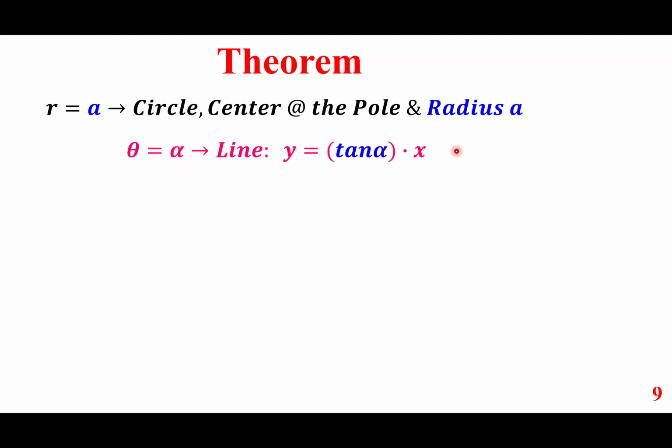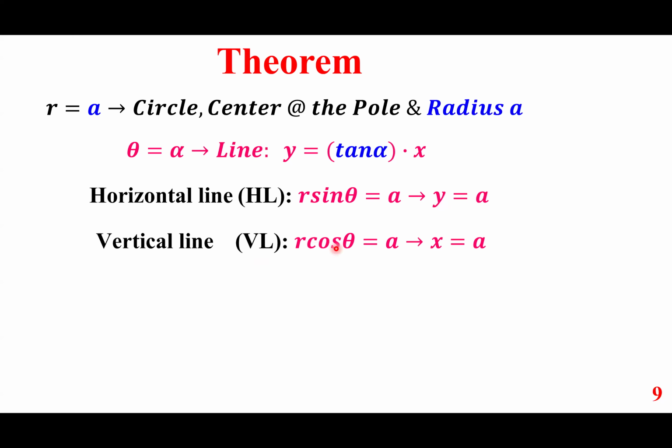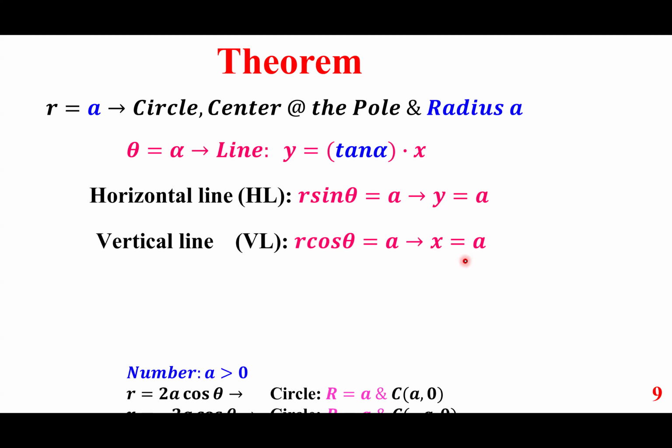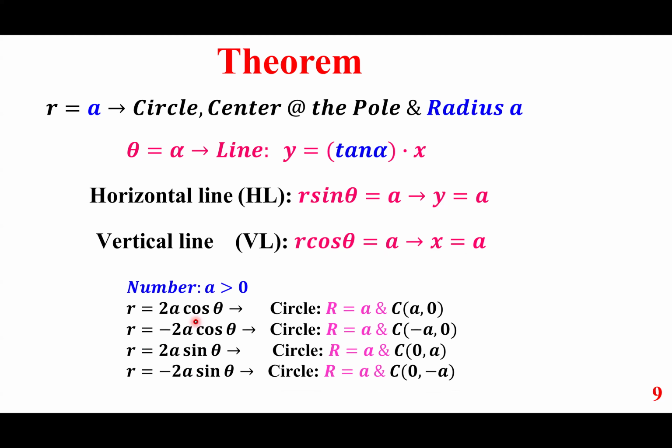This alpha represents some number in radians or in degrees. Horizontal line, r sine theta equals a, y equals a. Vertical line, r cosine theta equals a, x equals a. All of this, r equals 2a times cosine or sine, positive or negative, all of them happen to be a circle with radius a.